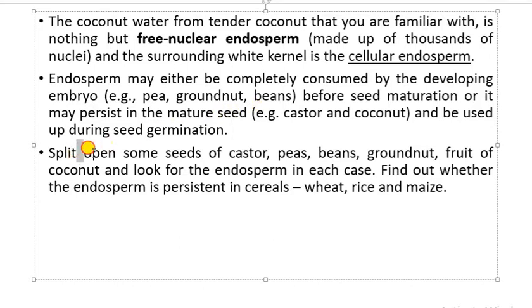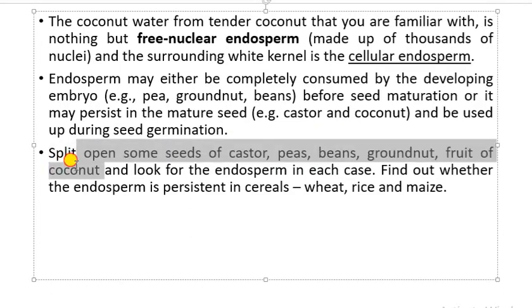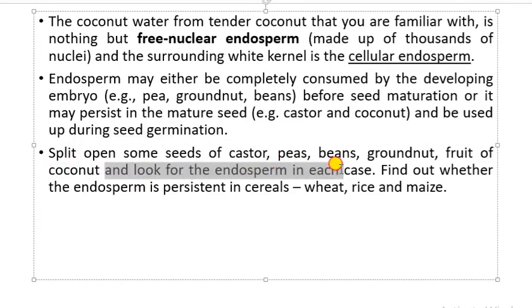Now, if you split open some seeds of castor, pea, beans, groundnut, or the fruit of coconut, and look for the endosperm in each case, we can see that in many cases endosperm is persistent. Endosperm is not found in non-endospermic seeds or non-albuminous seeds.